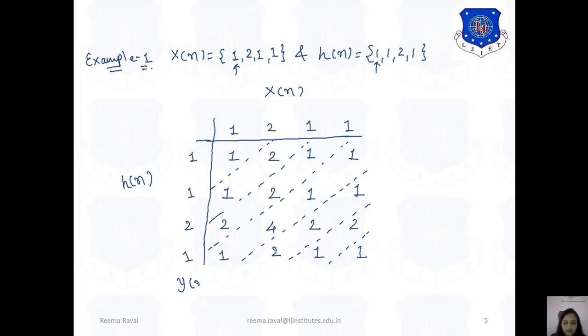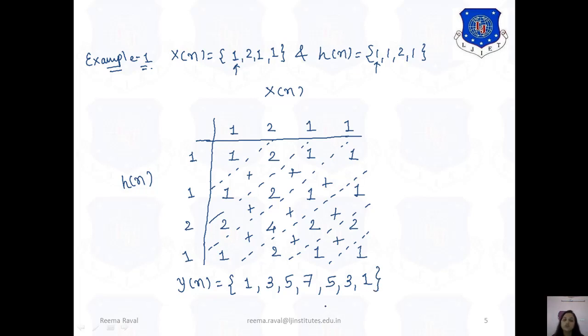So y of n equals first element, that is 1, then addition of this 2, that is 1 plus 2, that will give you 3, and the next value 2 plus 2, 4, plus 1, that is 5, then 1 plus 4, 5 plus 1, 6, plus 1, that means 7, then 2 plus 2, 4 plus 1, that is 5, then 1 plus 2, 3, and the last value is 1.